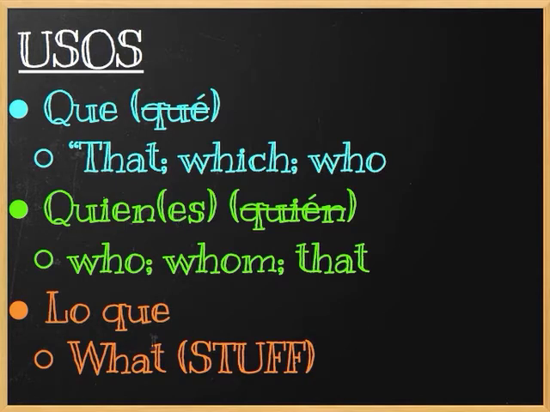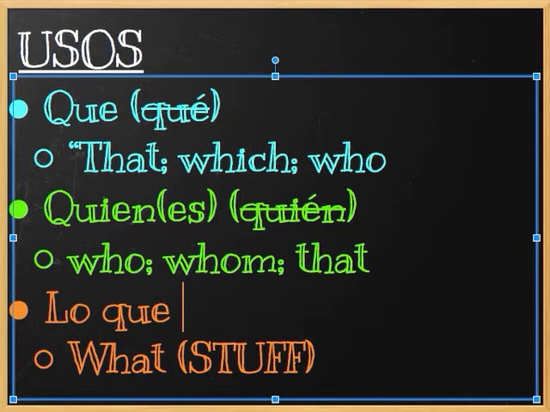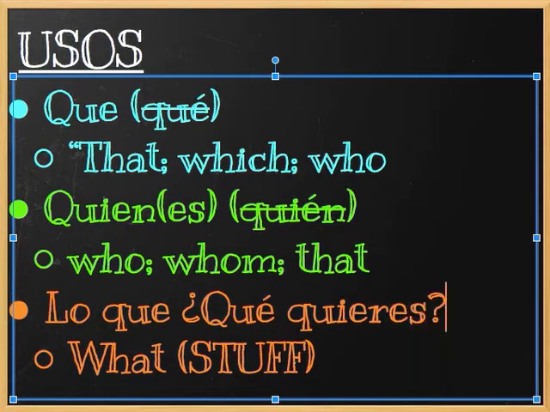Then, lo que. Okay, this is probably one that we've heard before, but we might not have talked about often. Lo que is what, right? What, as in stuff, right? The stuff, you can think of it as lo que, the stuff, right? So, again, it's not like que. So if I say, we're at a restaurant, I'm asking you, ¿qué quieres?